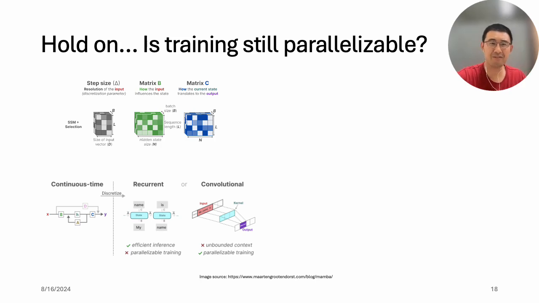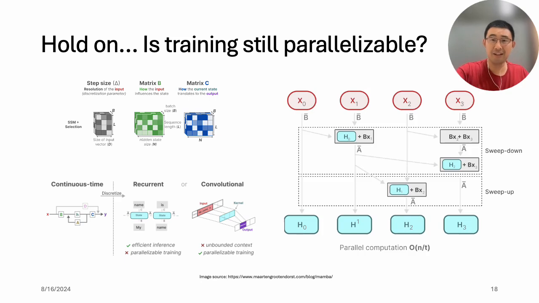Well, I think there's a very important thing that the authors did that made this different. If you recall, LSTM is not only dependent on the input, it's also dependent on the hidden state. But for the state space models here, we just say it's dependent on the input, not the hidden state. Therefore, we can leverage a parallel scan algorithm, which is not as good as pure parallelization, but it's still pretty good.